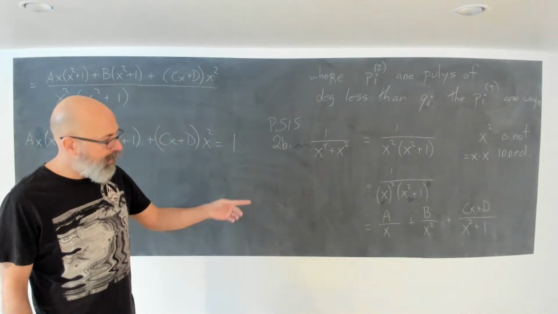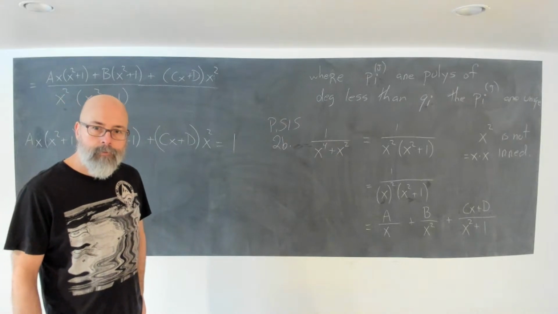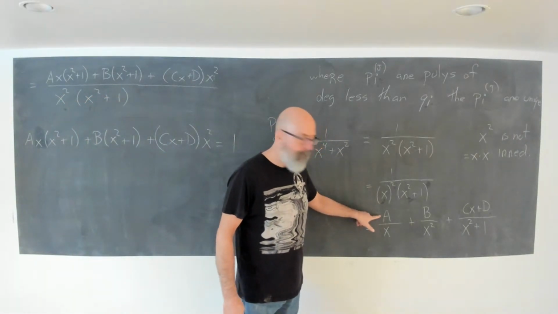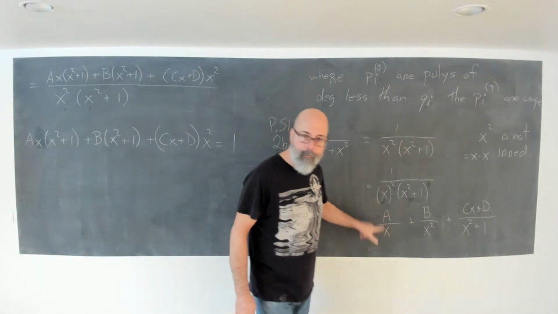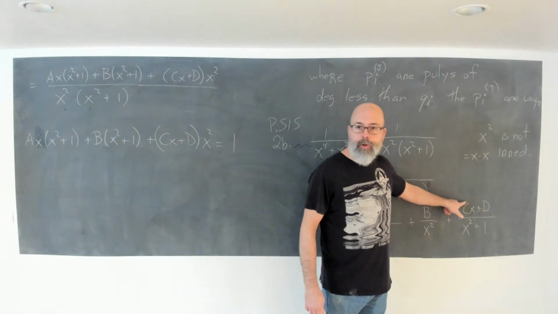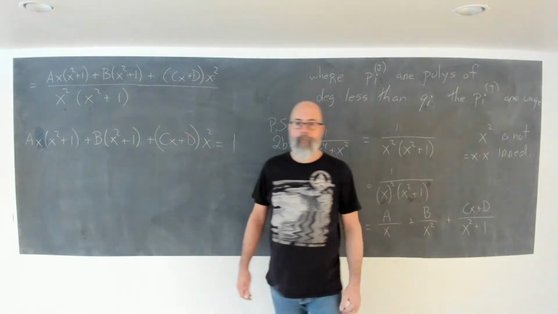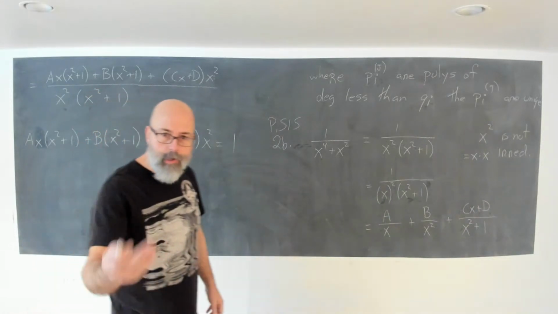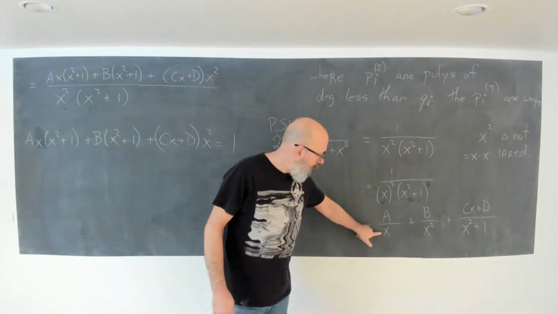That's exactly what we're saying. Irreducible of degree 1, polynomial of degree 0. Irreducible of degree 2, polynomial of degree 1. It's the irreducible that's important.